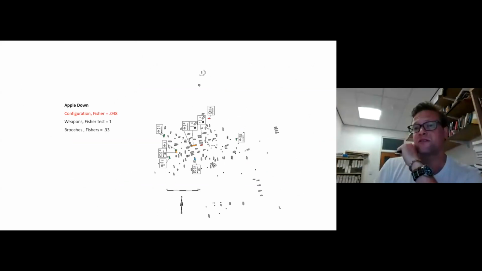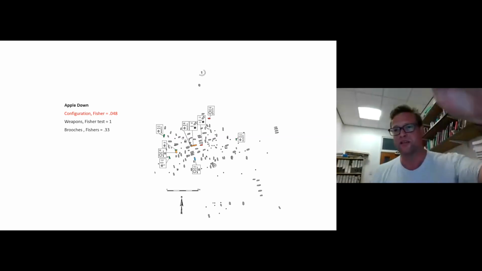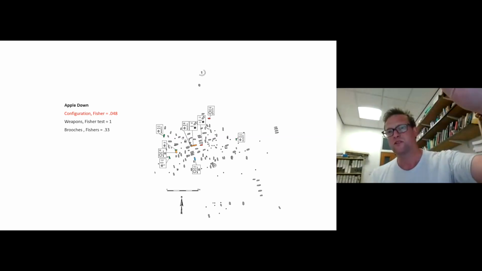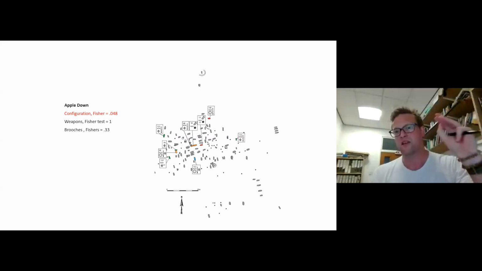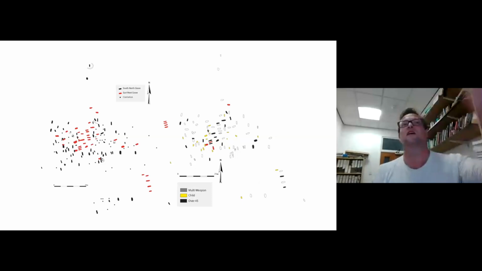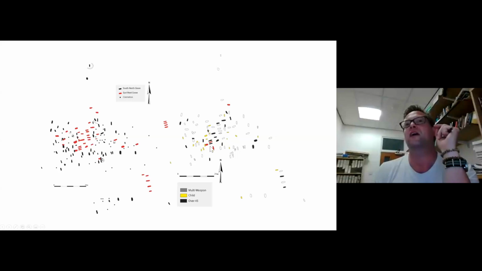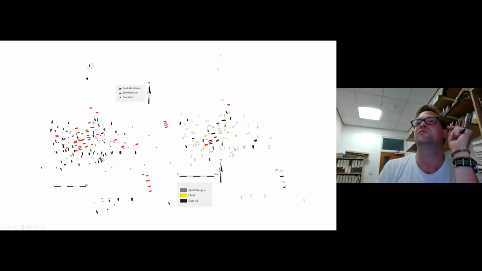We're able to explore Apple Down in West Sussex as well. We can see a difference again between orientation, east-west orientation, and the presence of artifacts and genetic makeup, which is quite fun. Our east-west graves are in red, our south-north graves in black, our older individuals are on the right-hand side in the middle in black and red, and our children are in yellow.